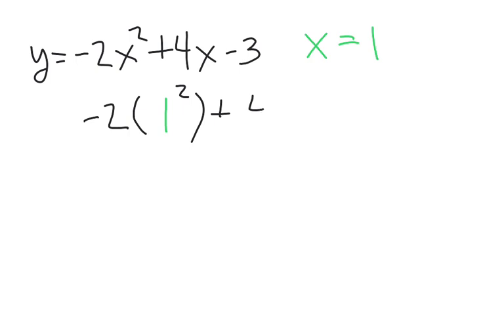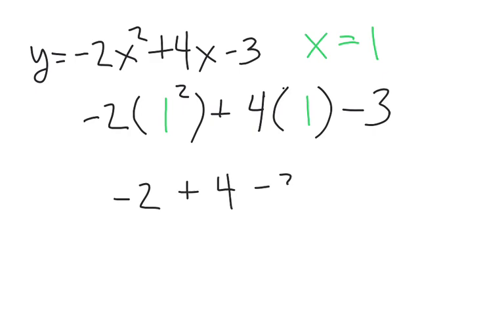Plus 4 times 1. This one we don't have to square. And then minus 3. I end up with 1 squared is going to give me 1 times -2 is going to be -2 still. 4 times 1 is 4, so I still have a plus 4.